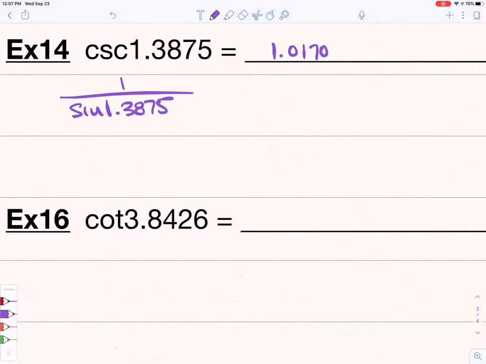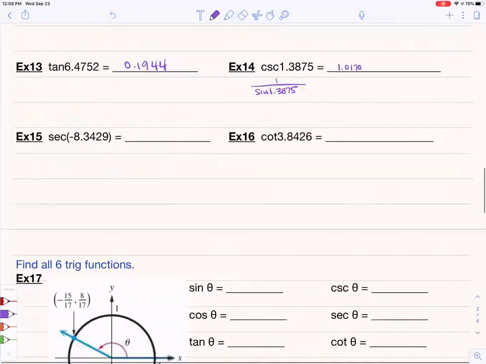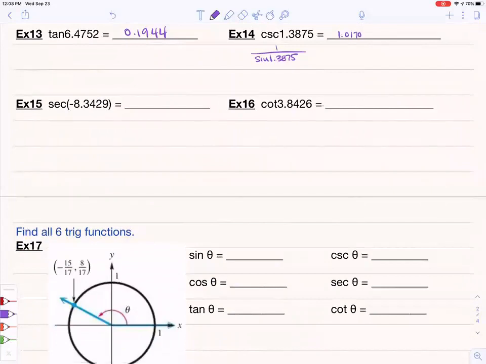Now do 15 and 16, and check with somebody close by. Check with somebody close by.